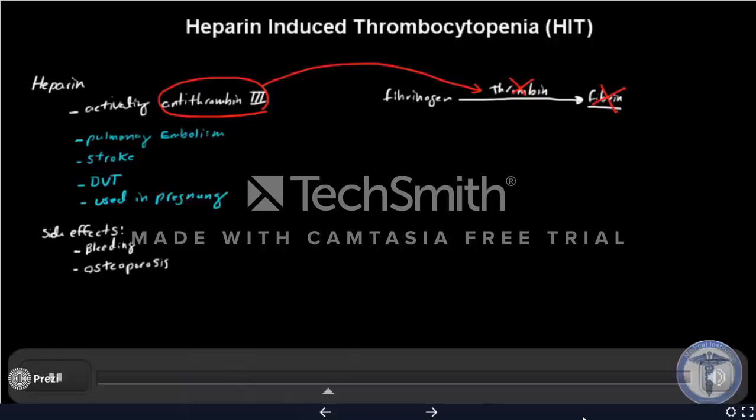Instead, we can give her another drug in the heparin family, which is a low molecular weight heparin called enoxaparin, which does not cause osteoporosis, which is a high yield point that we need to know.